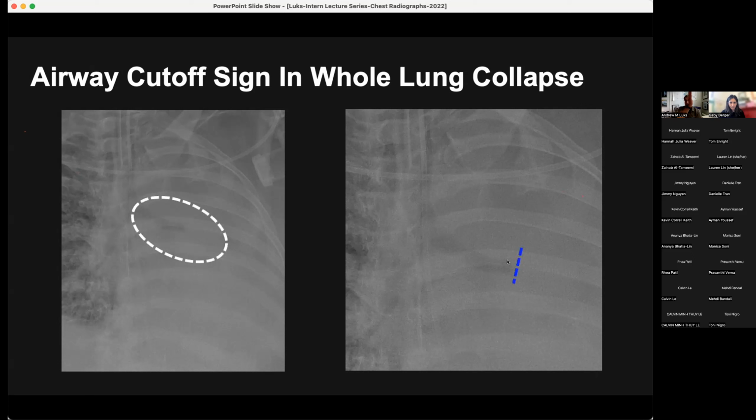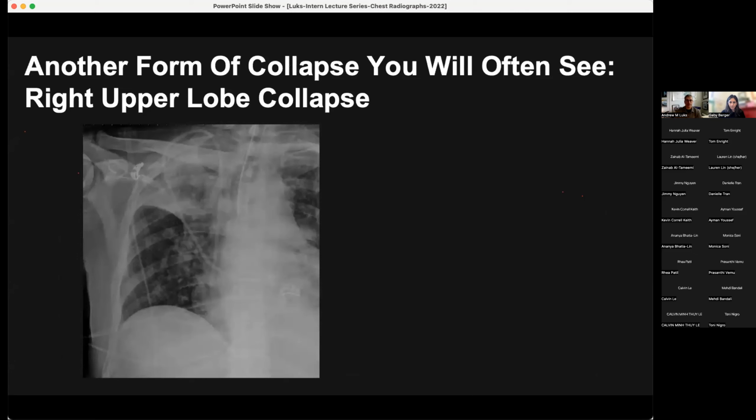So in other words, the airway is cut off. And when you see dense opacification with this airway cutoff sign, that's highly suggestive of something in the airway in this location that has caused cessation of airflow into that entire lung. Another finding that helps you distinguish whole lung collapse from a massive effusion.